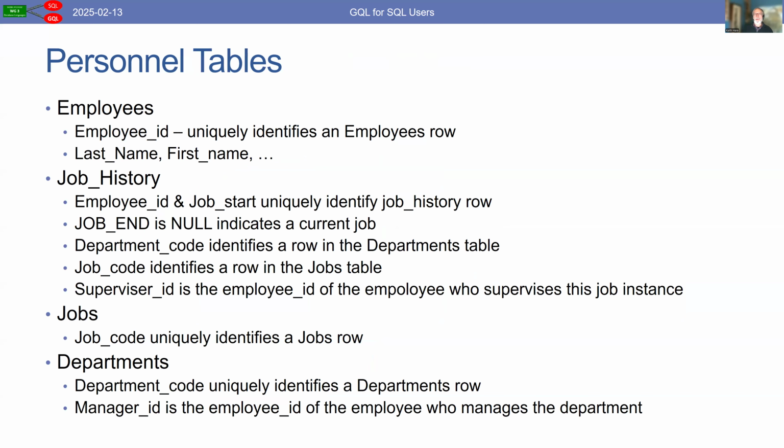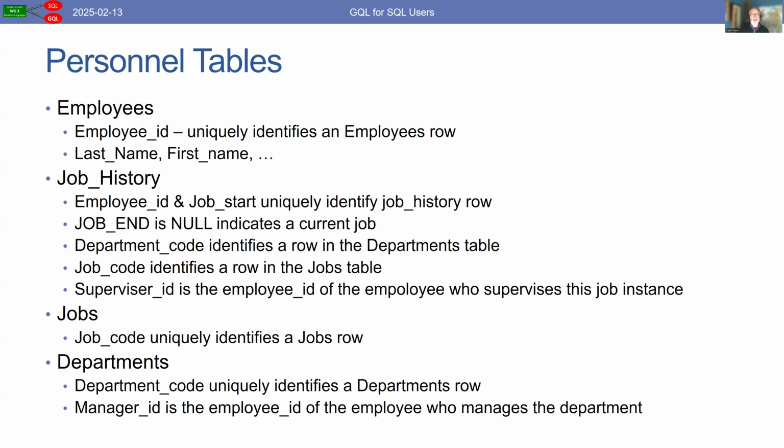So we're going to have some tables: an employees table, a job history table, a jobs table, a departments table, and they're going to have primary keys. The employees table is going to have a primary key that's the employee ID. Job history is going to have a primary key of employee ID and a job start date that uniquely identifies the job history row, and so on.